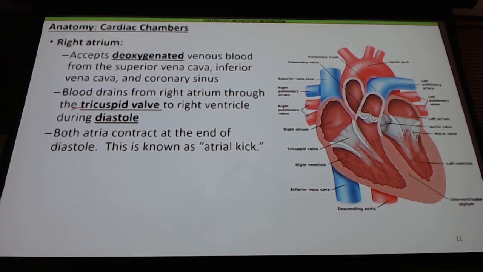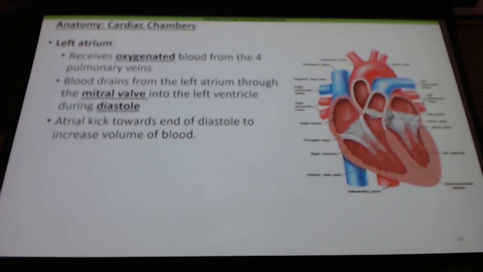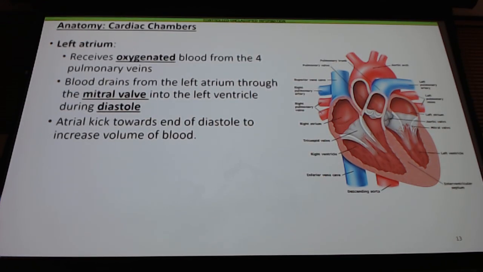So the tricuspid valve is open during diastole, and you get that flow of blood from the atria into the ventricle. The ventricle will then close the tricuspid valve with the initial squeeze. The pulmonic valve will open during systole, and then that blood will get ejected out of the right ventricle and into the pulmonary artery. And then that blood becomes oxygenated and comes back to the left atria.